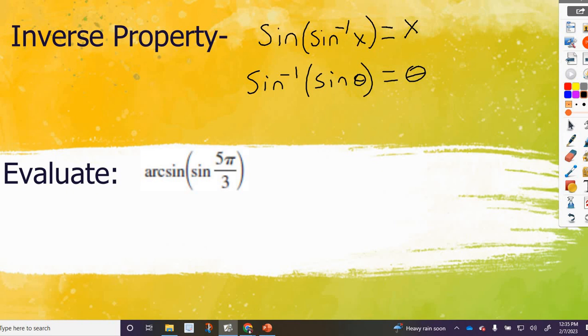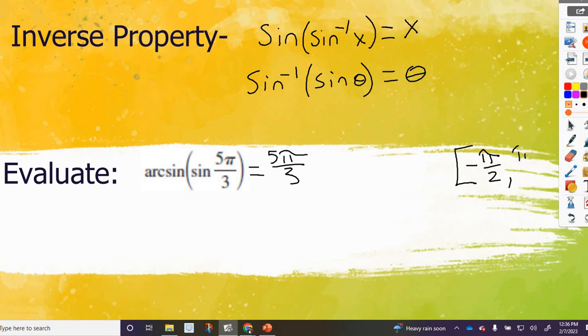So what does that mean that this has to equal? Yes. What's the only thing that we have to be careful about? What is our range?